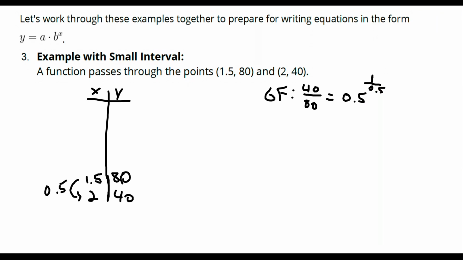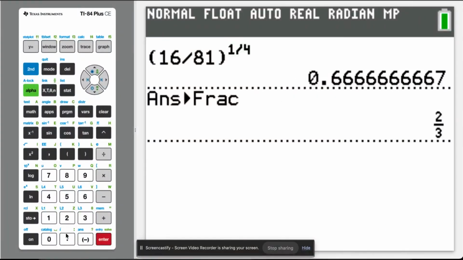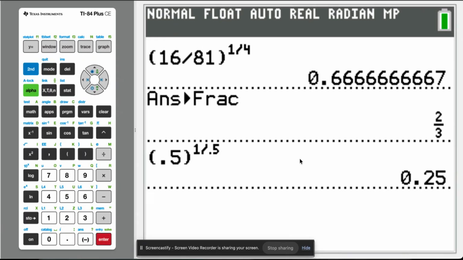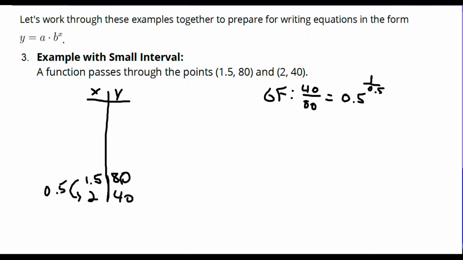So if in my calculator I do 0.5 to the 1 over 0.5 power, I get 0.25. So that means that my growth factor over an interval of 1 is 0.25. So that will be, when I'm writing my function, my growth factor.